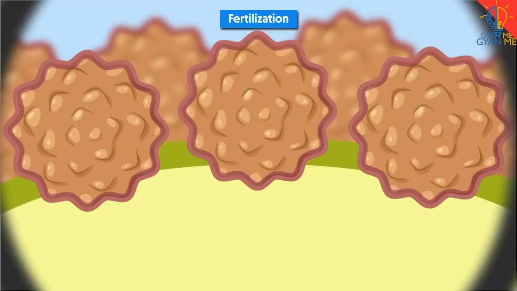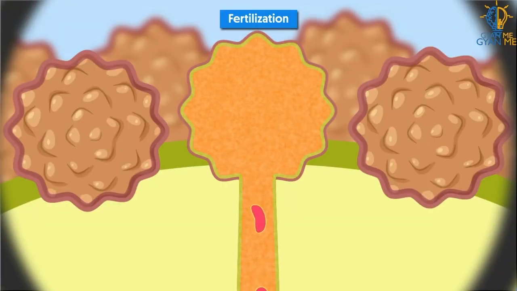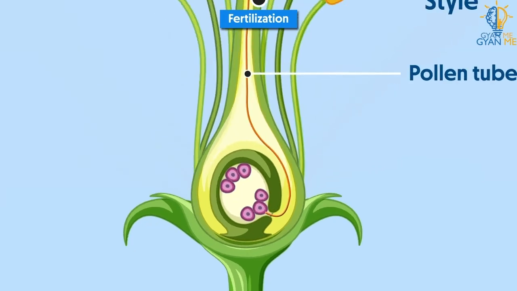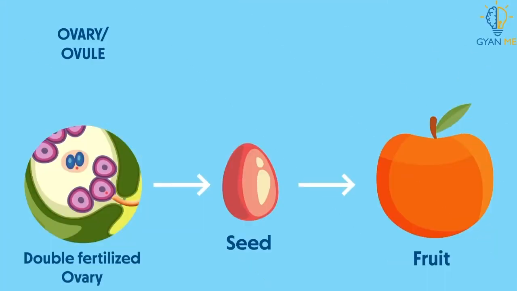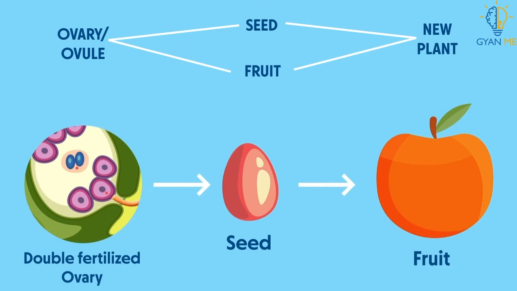These gametes fertilize ova in the ovaries of the plant and give rise to seed and fruit, which further develop into plants, thus producing a new plant from the existing one.